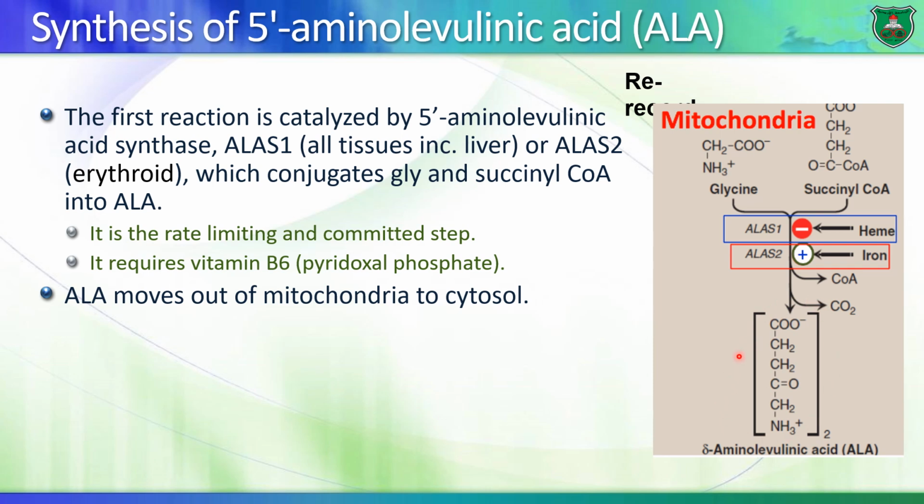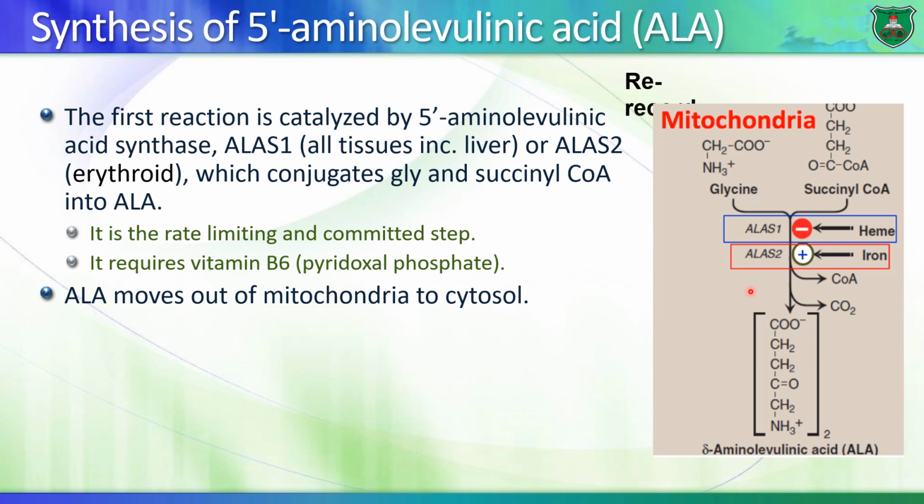aminolevulinic acid. Now, this reaction is very important because it is the rate-limiting step and the committed step as well. Rate-limiting reactions are reactions that are slow because they are highly regulated. So the enzymes that catalyze these reactions are highly regulated, and this is the case for this particular reaction.